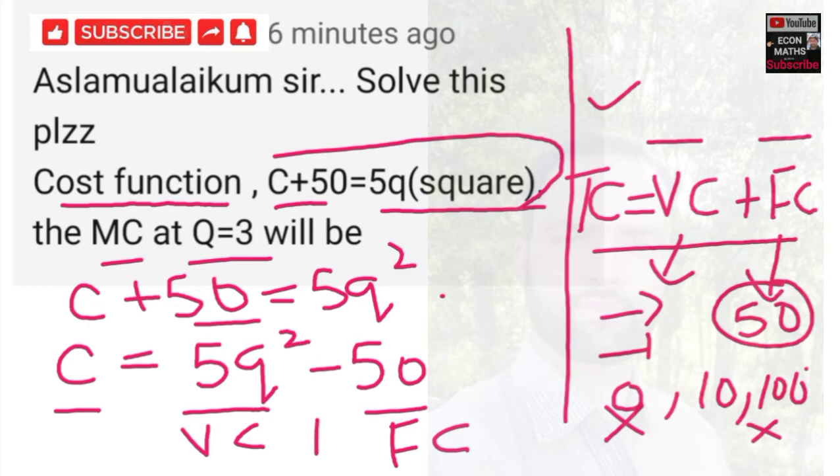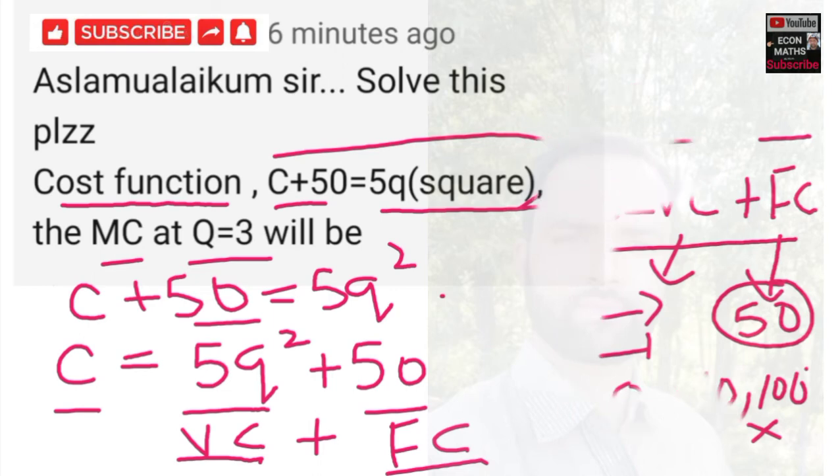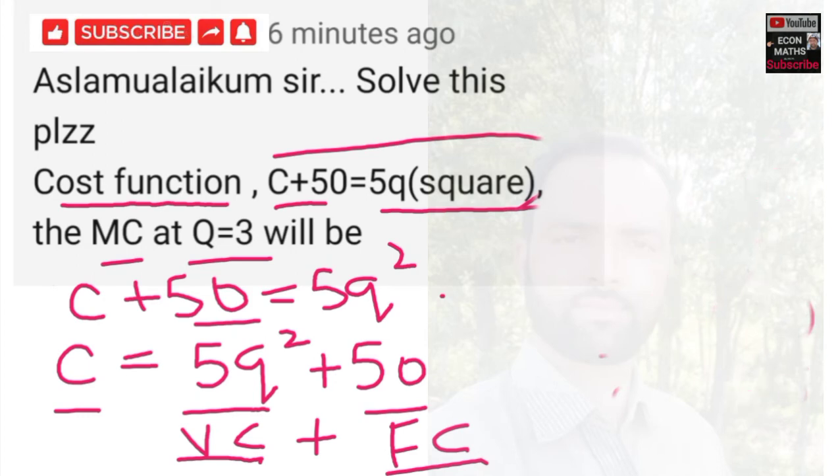Though my theoretical knowledge about economics is very low, with the limited knowledge I have gained, I think here it should be plus 50. It shouldn't be minus 50, because total cost is composed of variable cost plus fixed cost. So I will rub this out. I was just curious to make this point to you. Still, if it is minus 50 here, our marginal cost will remain the same. So our cost function is given.